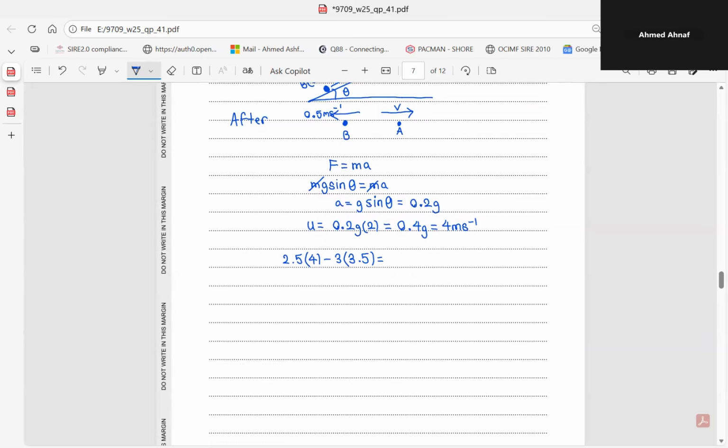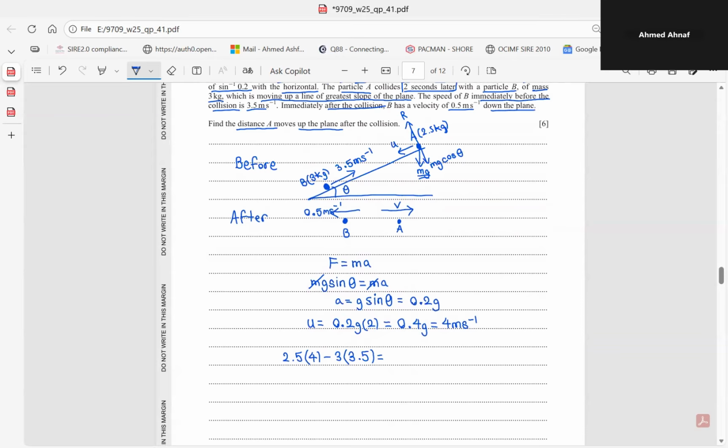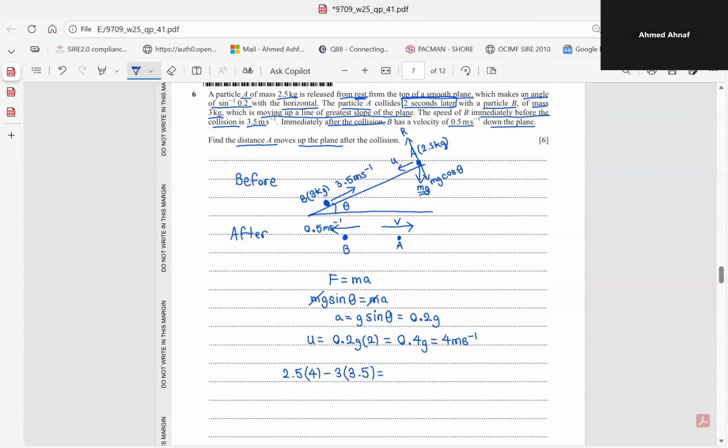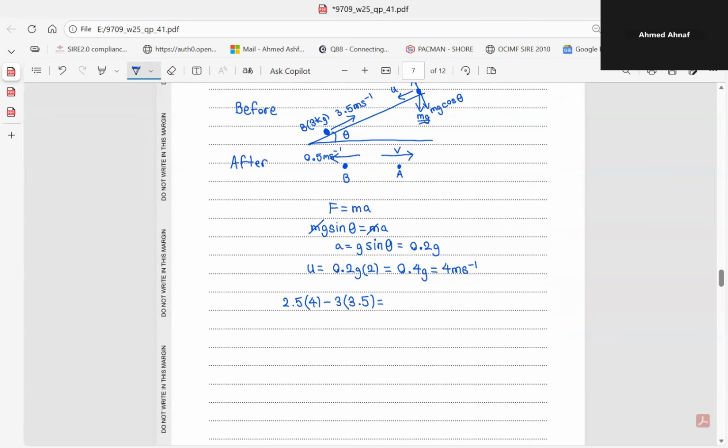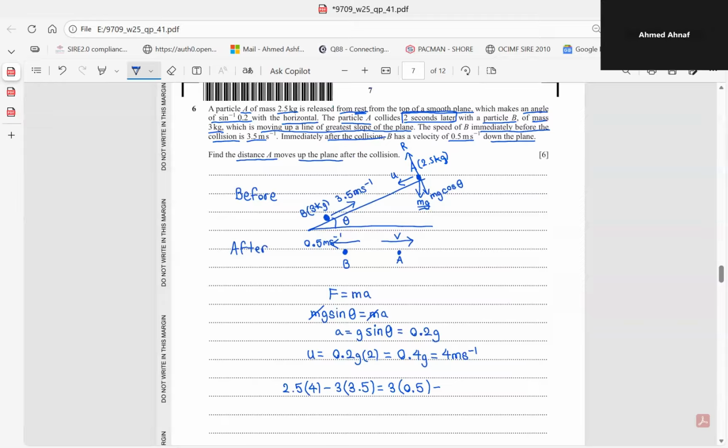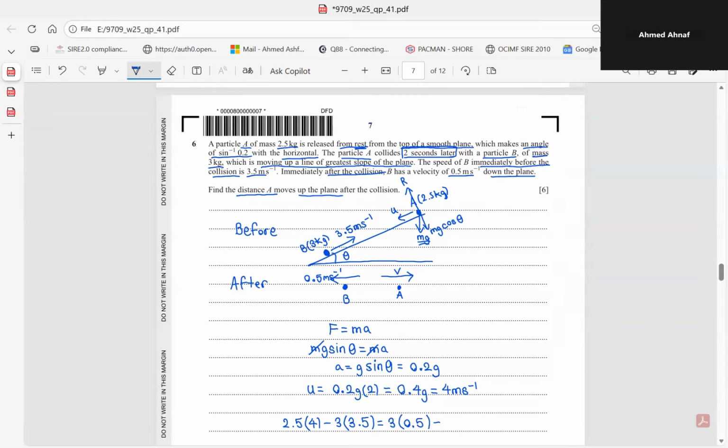And that is equal to the total momentum after. So after the collision, B is moving downwards. So B is 3 kg. So 3 times 0.5. And A is moving upwards. So A is, wait, where's A?